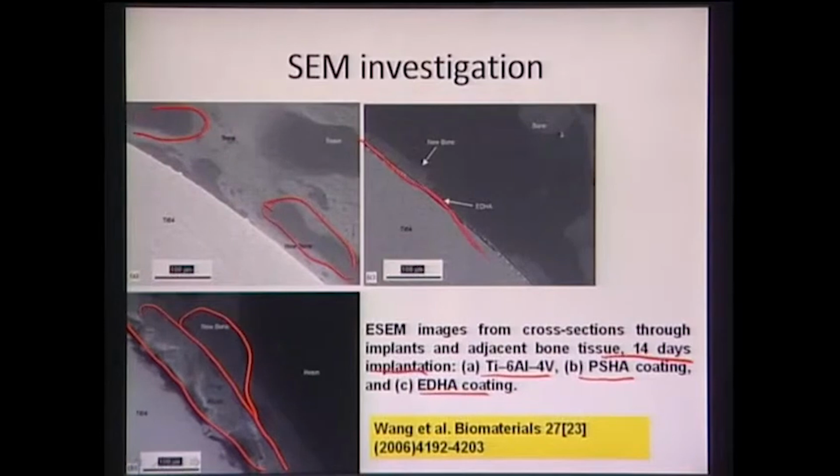This is another Ti6Al4V, and on that there are hydroxyapatite coatings, and this region shows neo bone formation. So what has been shown here is that putting the hydroxyapatite coating on this titanium 6Al4V also enhances bone growth or bone formation in vivo.